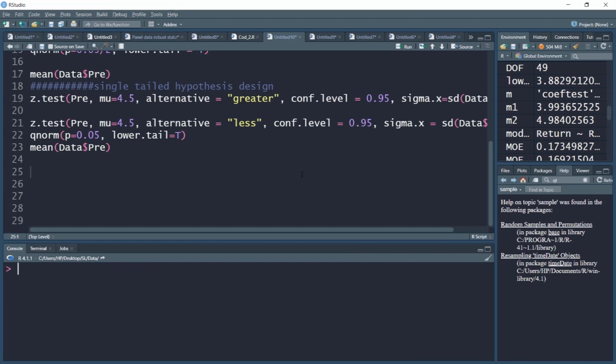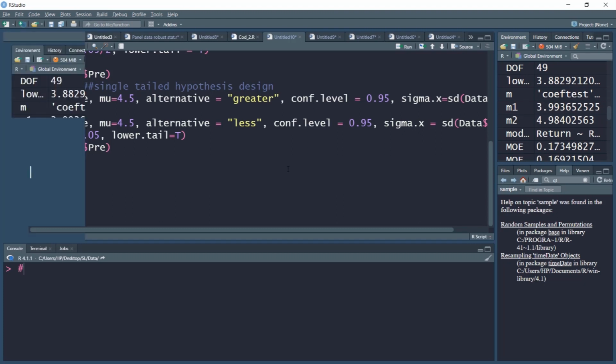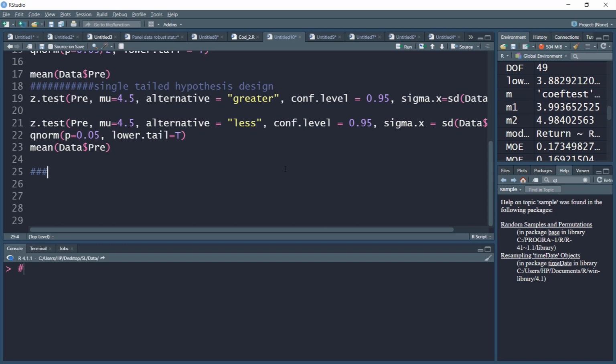In the previous video, we understood how to conduct hypothesis testing using Z statistic when the assumption of normal distribution was valid, and we also knew the population standard deviation. In this video, we'll conduct the hypothesis testing with T statistic, using Student's T distribution, and we'll assume that population variance is not known to us.